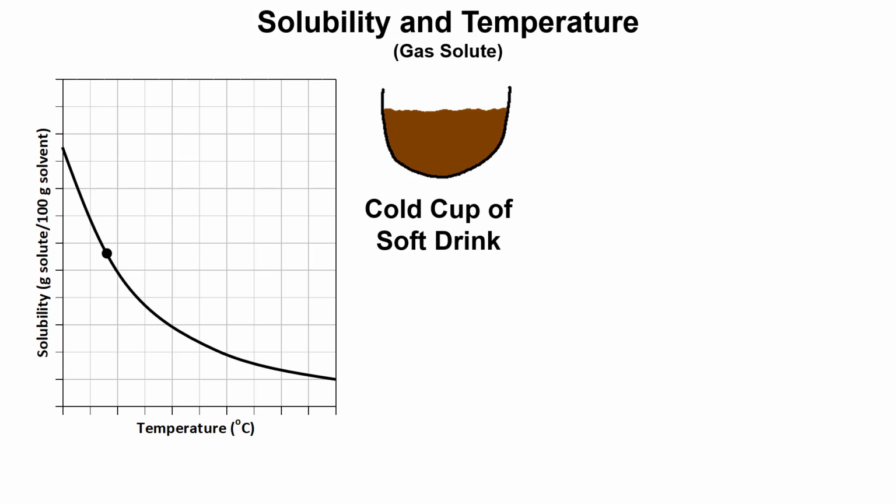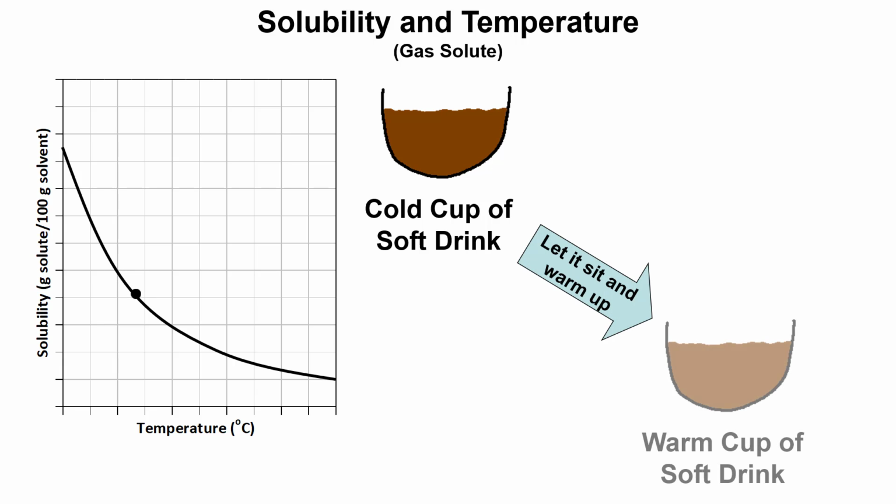How about the gas? Let's look at a cold cup of soft drink. This has gas solute dissolved in it already. It's dissolved, and we're at a saturated solution. As you know, once you leave a cup of soda out for long enough, it gets warmer.